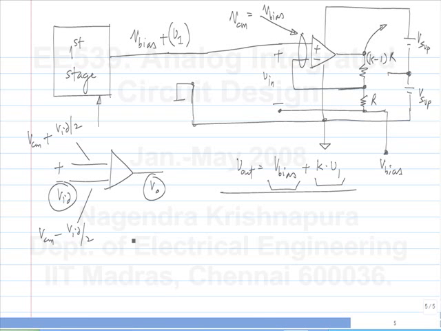So, the input is biased at VCM. When I say biased at VCM, meaning whatever the input differential is, on one terminal you see this bias plus half of that, and on the other terminal you see this bias minus half of that. Okay.